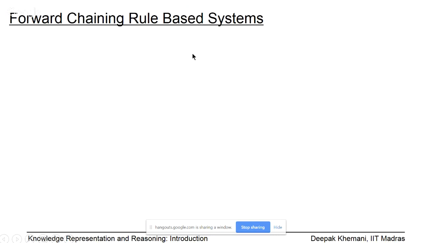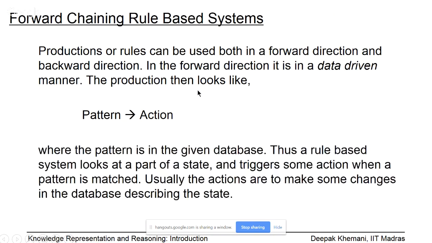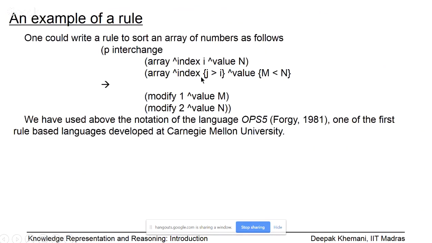Okay, so the process of forward reasoning has been done in forward chaining rule based systems, and in this context we had looked at the Rete algorithm, which we will come back to later once we are done with discussing backward chaining. And in rule based systems we have rules of this kind. If the left hand side is true, then there are some actions one can do on the right hand side.